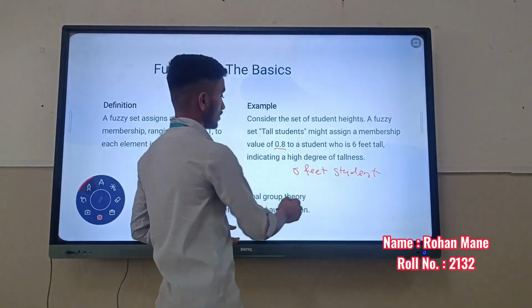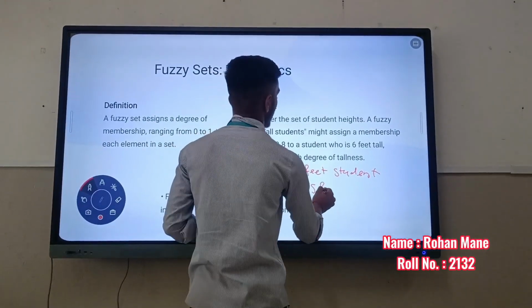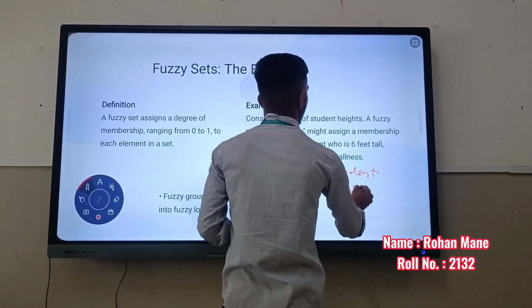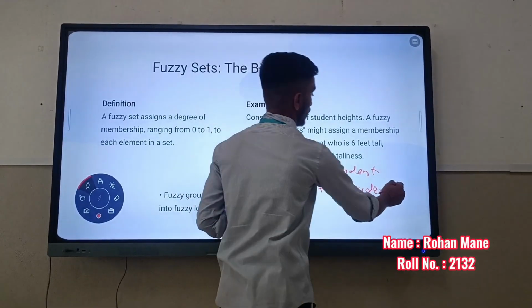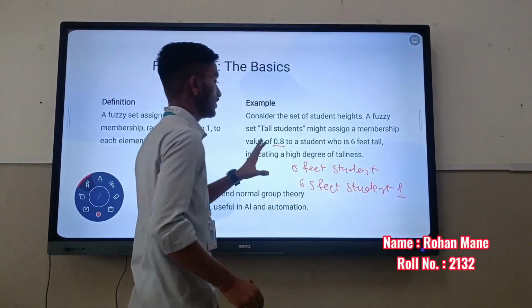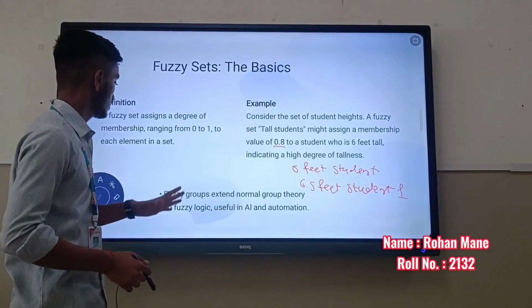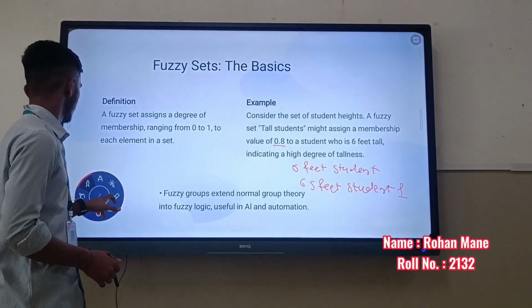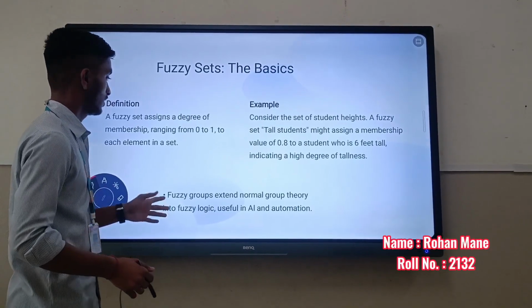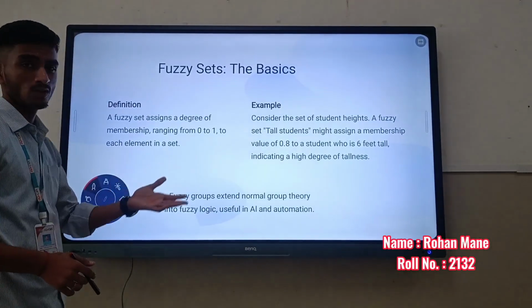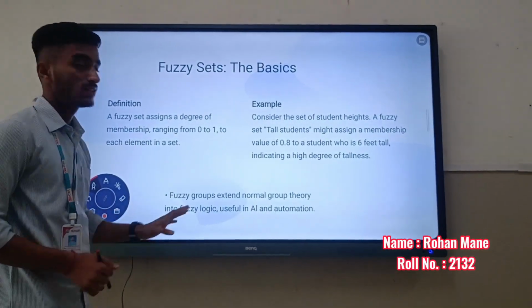Suppose a 6.5 feet student, we can assign the value 1. In this way we can imagine it. Fuzzy groups are just the normal group idea brought into fuzzy logic.